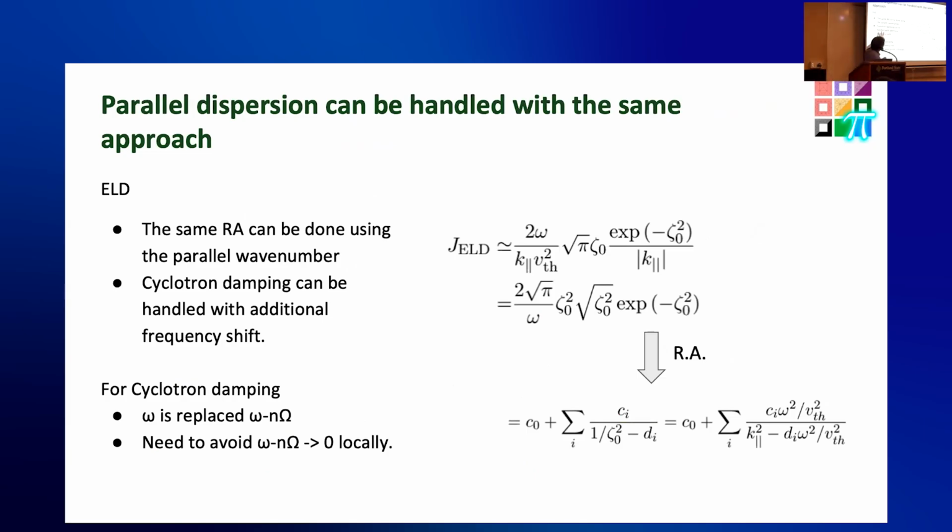And this one shows that in the parallel direction, we can essentially do the same approach, because all these terms become a function of K parallel squared. So we can do the same rational approximation and bring K parallel to the left-hand side, and it becomes a diffusion operator with respect to the parallel direction, with respect to the magnetic field.